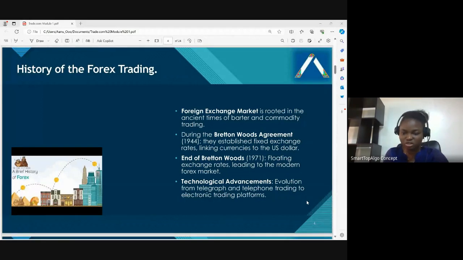Now, this continued, but it got to a level where there was a problem with how they measure value. Let's assume I have 10 tubers of yam and I want to collect clothing from Mr. Sheriff. For me to successfully do that, Mr. Sheriff must be able to measure the quality.